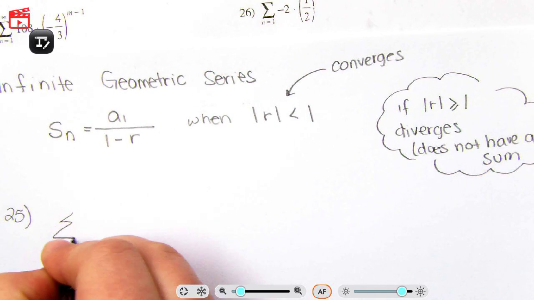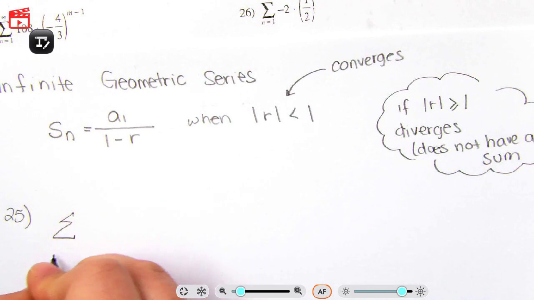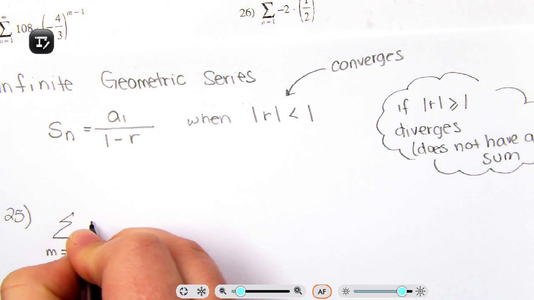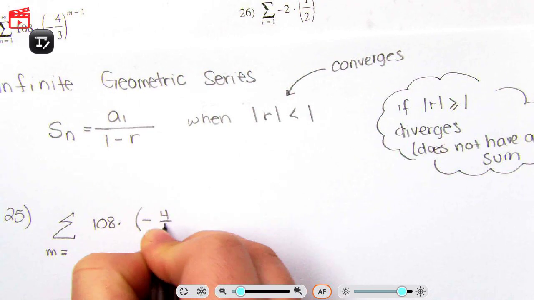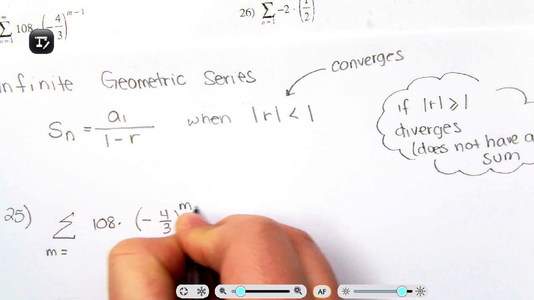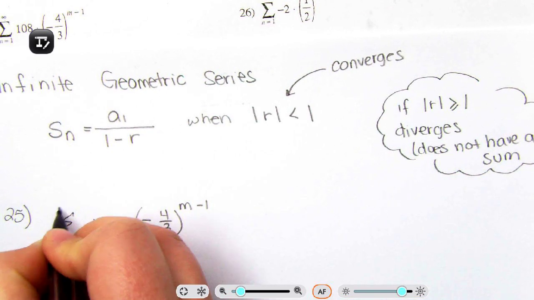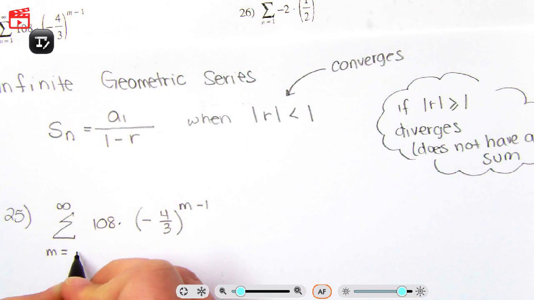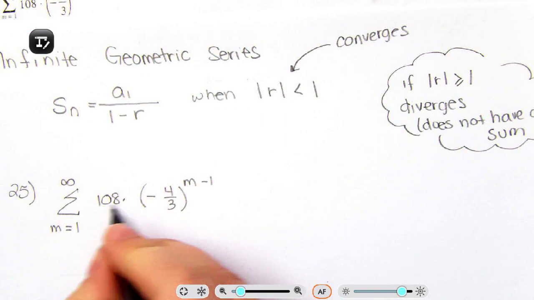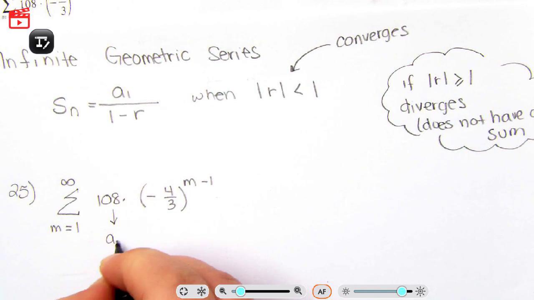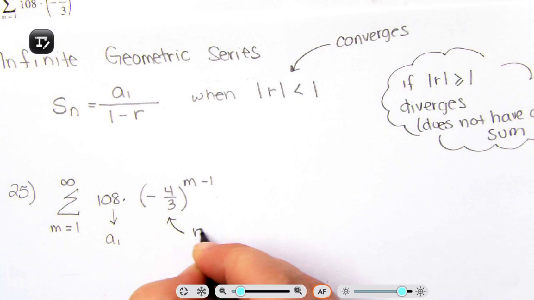So the summation of 108 times negative 4/3 to the m minus 1 from m equals 1 to infinity. And so again, this is the explicit formula, so therefore this is a sub 1. This is r.